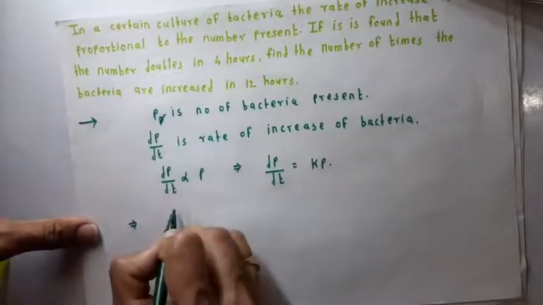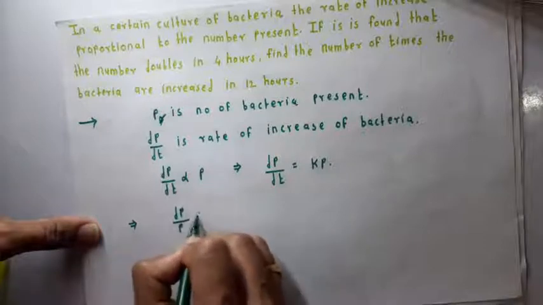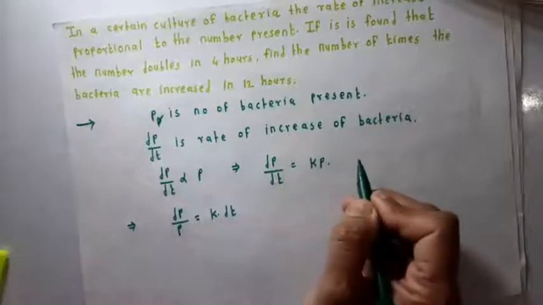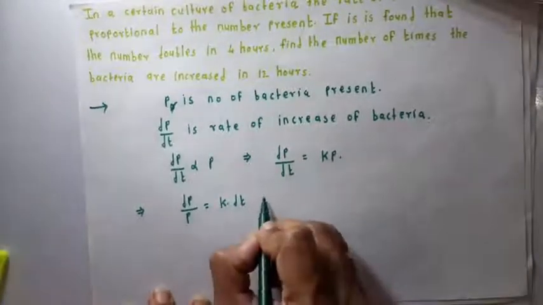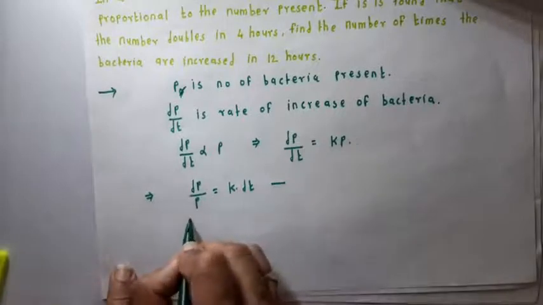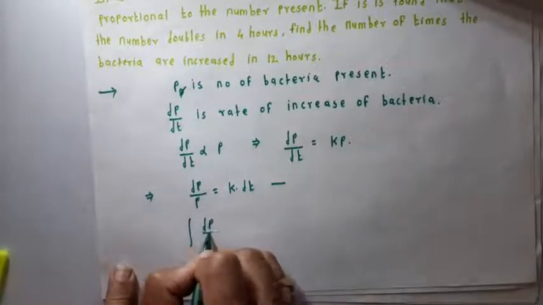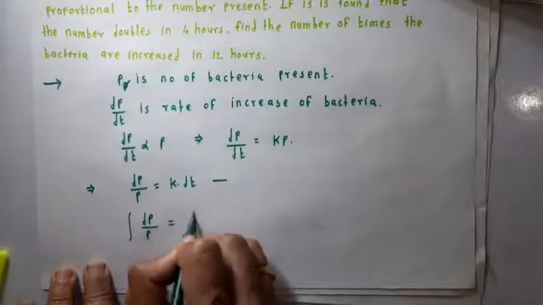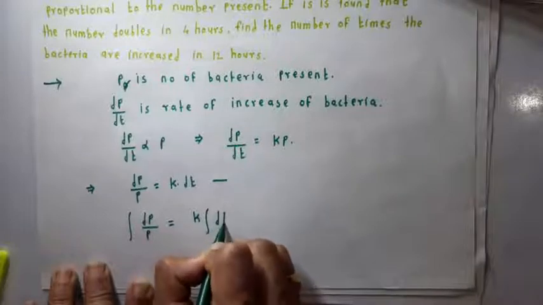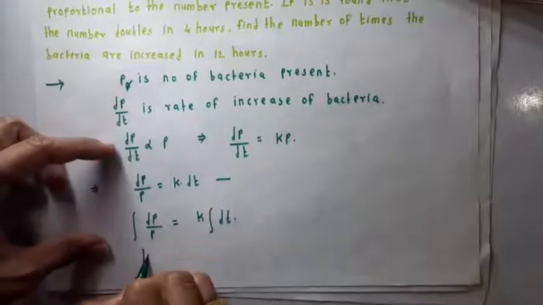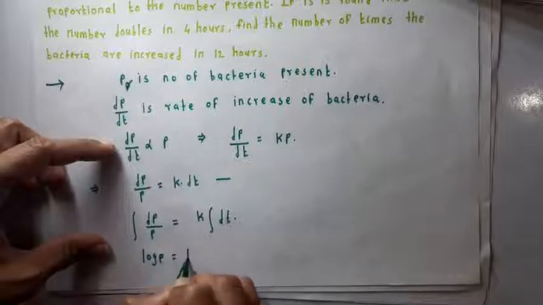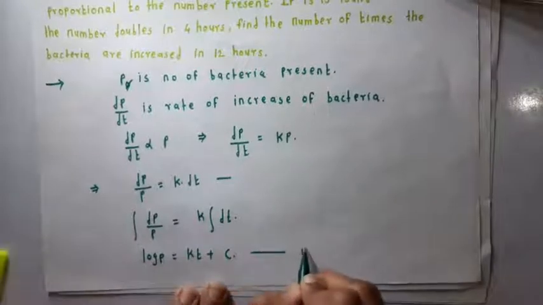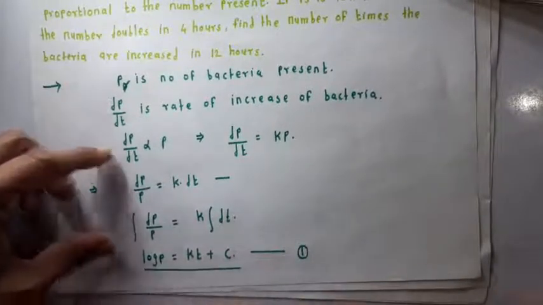This implies dP upon P equals K into dt, by shifting P to the LHS and dt to the RHS. And this is the variable separable form. Now integrate, we get the integral of dP upon P equals K as a constant, integrated with respect to t, and we get log of P equals Kt plus constant of integration C. And students, this is our required equation 1, which is very important.